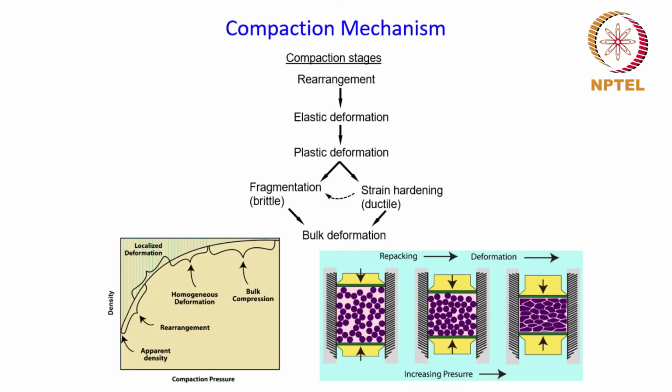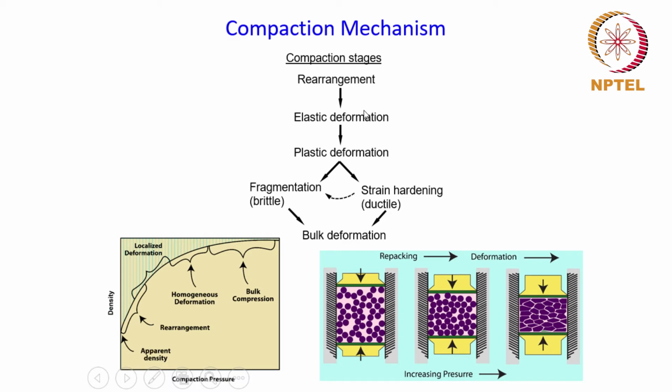So now let us see the compaction mechanism as to how it actually happens when the pressure is applied into the powder. It basically happens in three stages as you apply the pressure. First, in the beginning, the powder particles will rearrange themselves. So that's the rearrangement process.